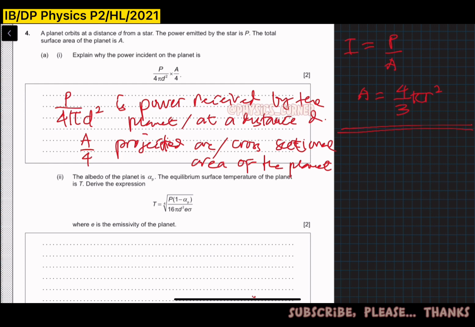Okay, question two. The albedo of the planet is alpha P. The equilibrium surface temperature of the planet is T. Derive the expression T equals to, where E is the emissivity of the planet. Oh my god.